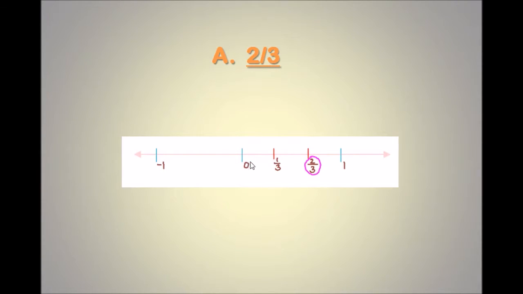So 2 by 3 will be lying in this interval between 0 and 1. Since the denominator is 3, we divide this interval between 0 and 1 into 3 equal subintervals by putting 2 submarks.